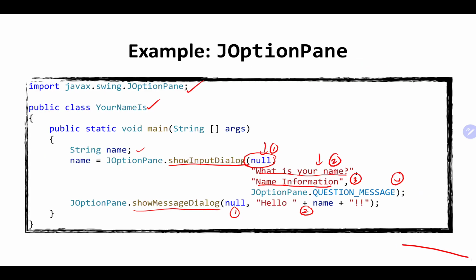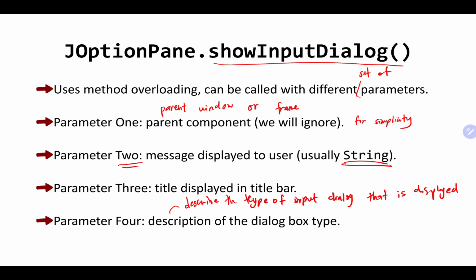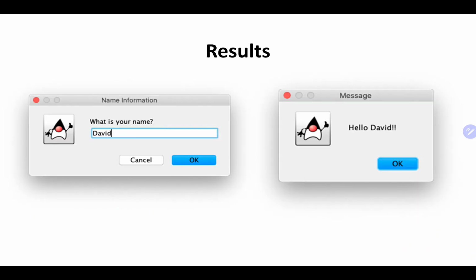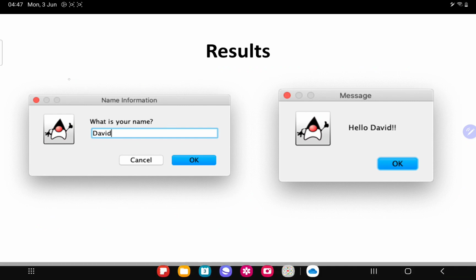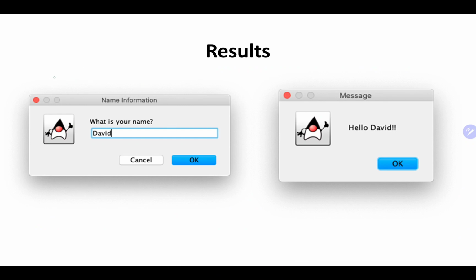So it depends on this. Basically here it is the question message, so the dialog box type is the question message. Now let's say we run the code just now. It's going to display this one first. The first one here is coming from showInputDialog.